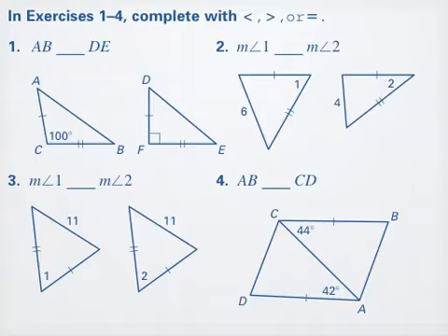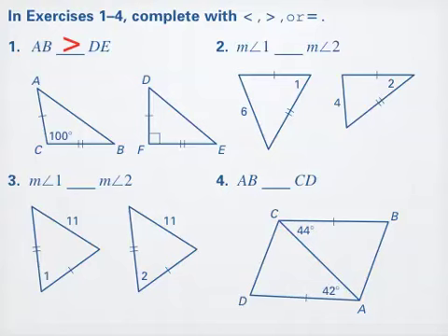So what I can say for number 1 is that AB is greater than DE, and the reason is the Hinge Theorem: 100 degrees is larger than the 90 degrees included between the two congruent sides, so AB has to be greater than DE.